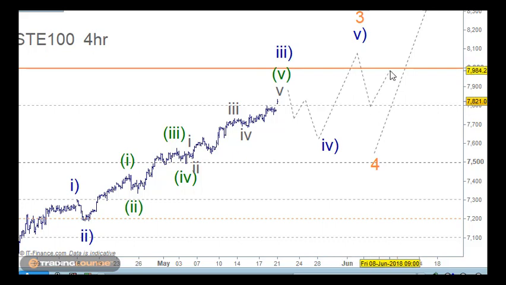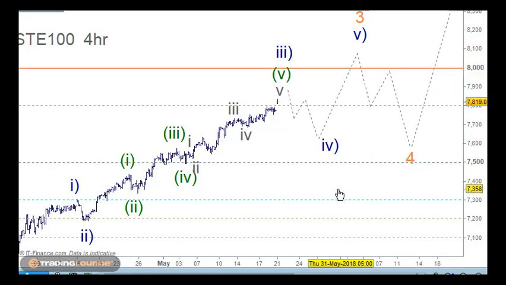And then, I mean, it's quite a bigger count in a way. So we'll see. But our main job is to count the last 5 up here. So if you're long, when that finishes, then we need to be looking for the turn at that particular point.